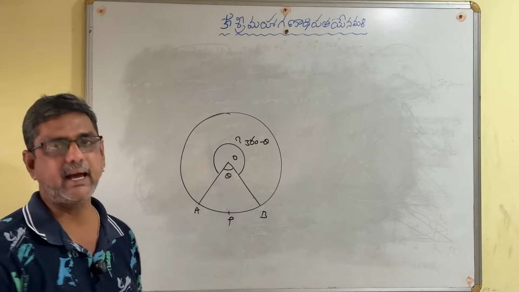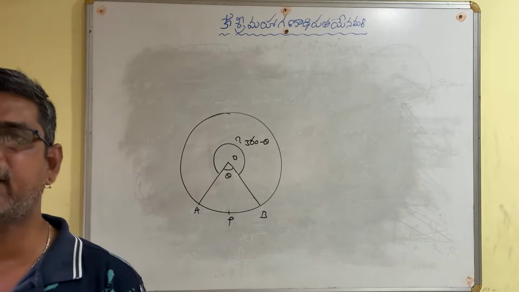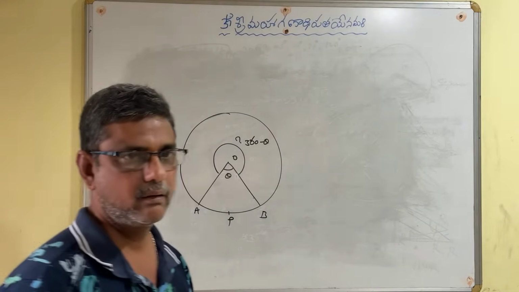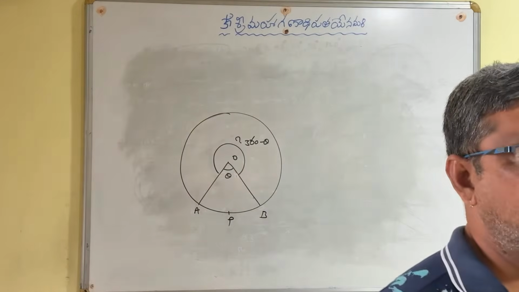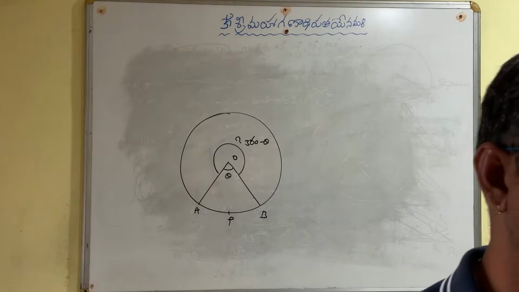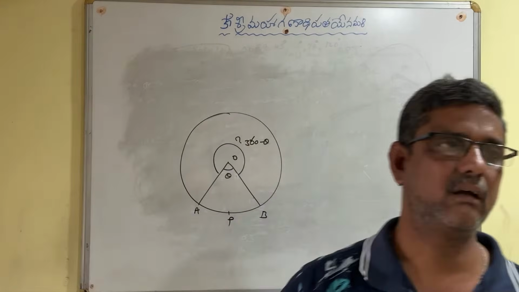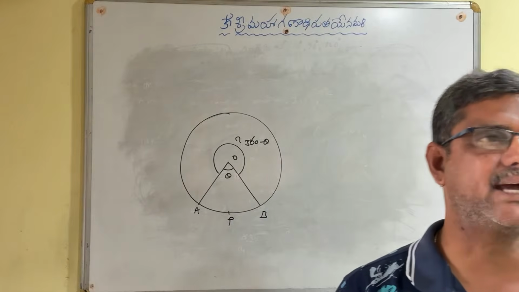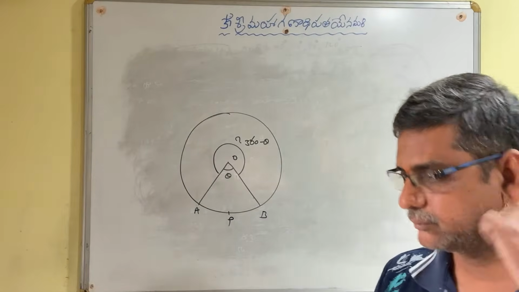If the angle theta is less than 180, then the sector so formed is known as a minor sector, and the other alternate sector we call the major sector.